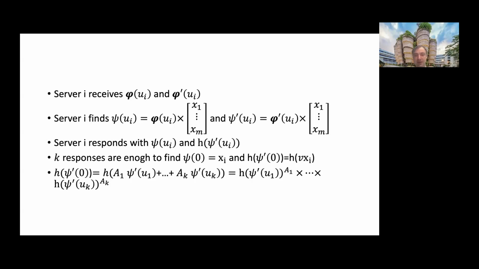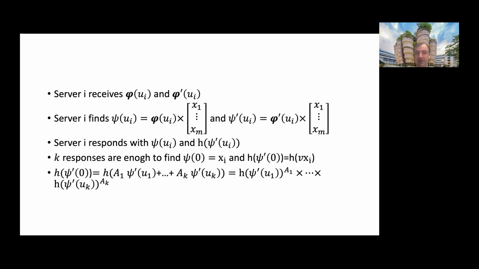And clearly, since psi prime at point 0 is a linear combination of server responses, its hash is the linear combination of hashes of the psi prime at points u_i. So it's a linear combination of hashes of the second responses, and since it's a homomorphic hash, we can easily find it.